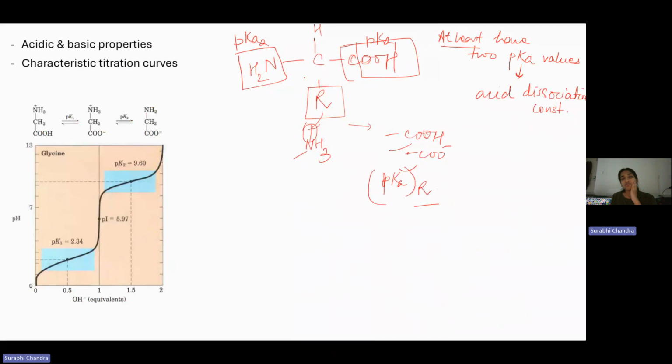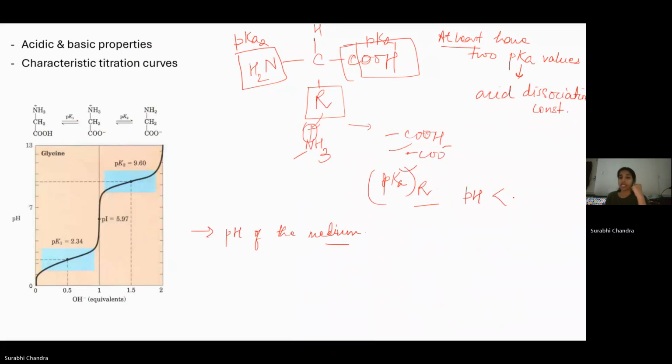Its behavior is regulated, to be precise, by the pH of the medium.